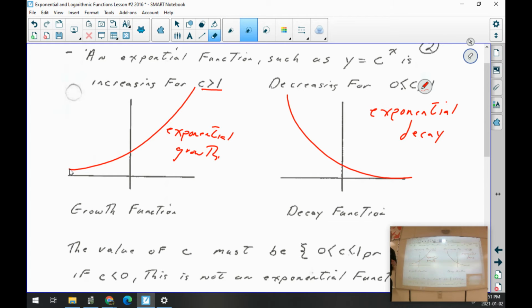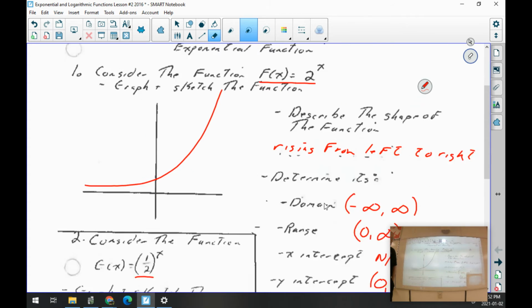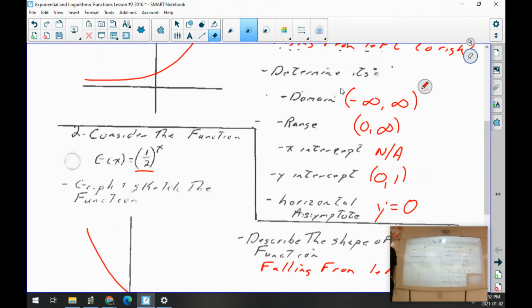And those two things that we just did here, the domain and range, all of these are going to be the same for any untranslated exponential function, i.e., we haven't picked up and moved the graphs. Those are the things that will stay the same.